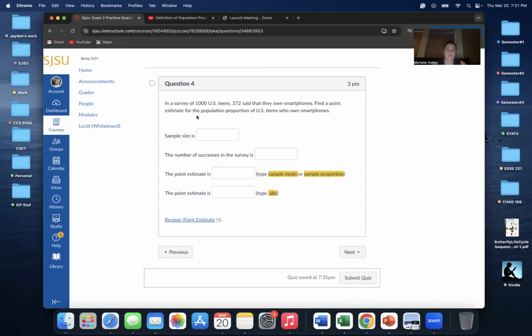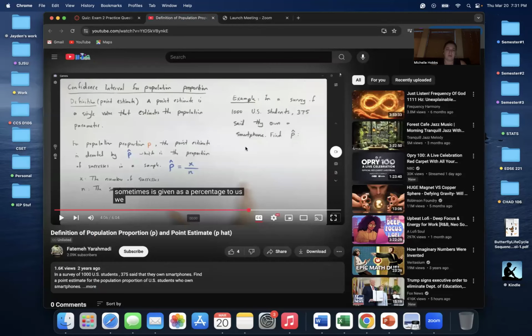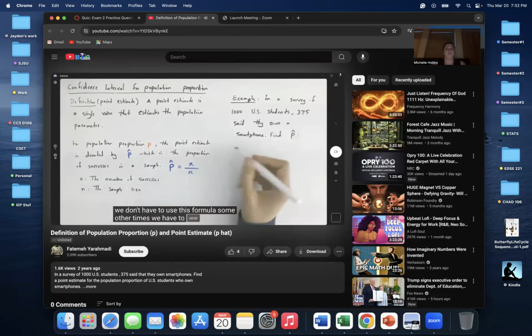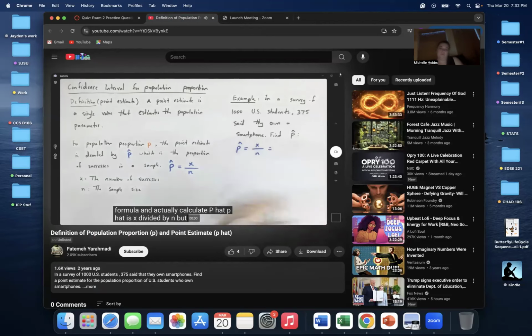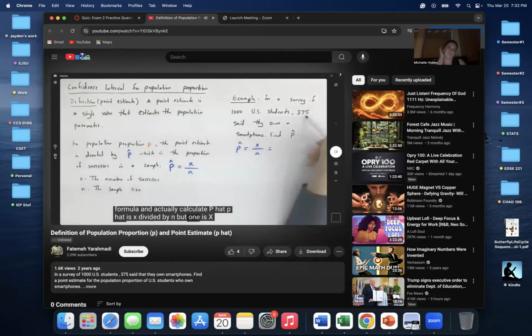Okay, and then this is going into the example here. You don't have to use this formula. Some other times you have to follow the formula and actually calculate P hat. P hat is X divided by N, but what is X? The number of successes in a survey.